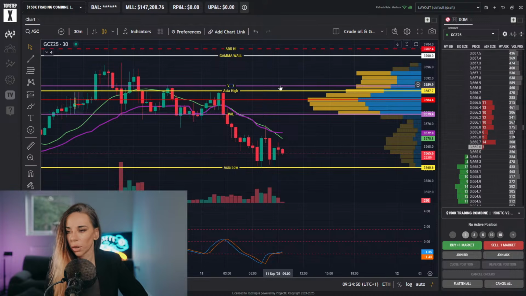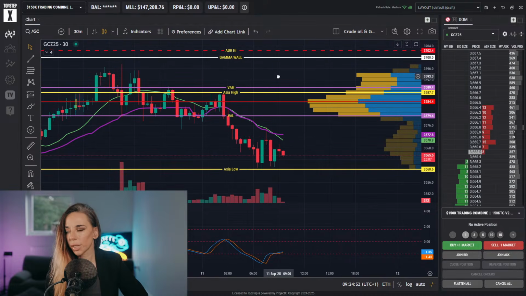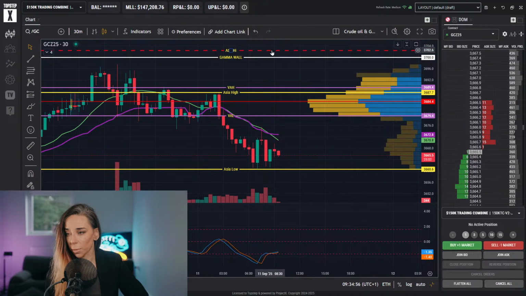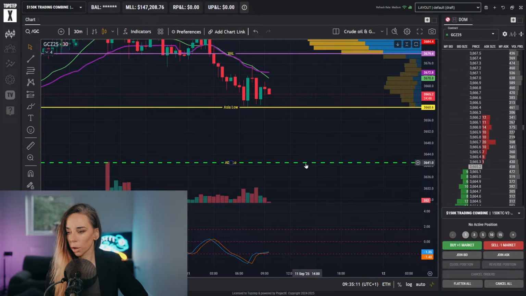Let's say 3690. We're still nowhere near the quantitative extremes for the day. So we now have the ADR high up at 3702.6, and then ADR low is all the way down at 3641.